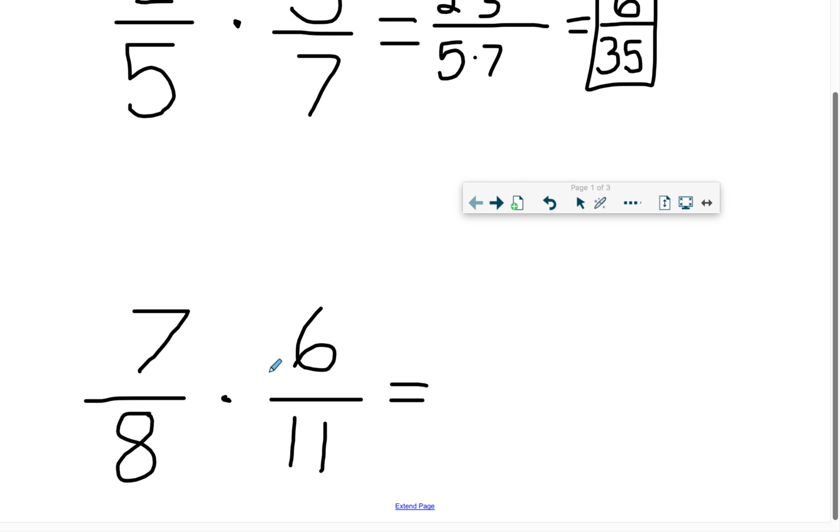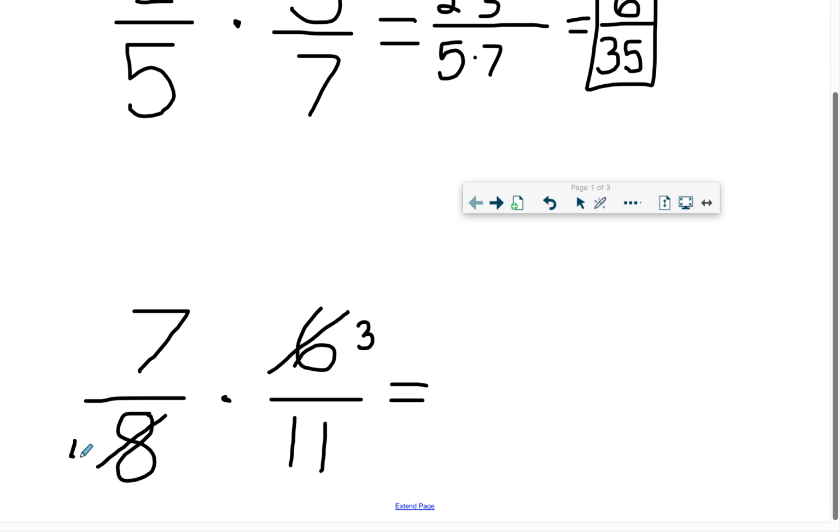So we're going to take 6, cross it off, and divide 6 by 2 because that's our common factor. 6 divided by 2 is 3. So now instead of 6, we're going to consider that to be 3. And we're going to do the same thing with 8. We cross it off because we're going to divide. 8 divided by 2 is 4.